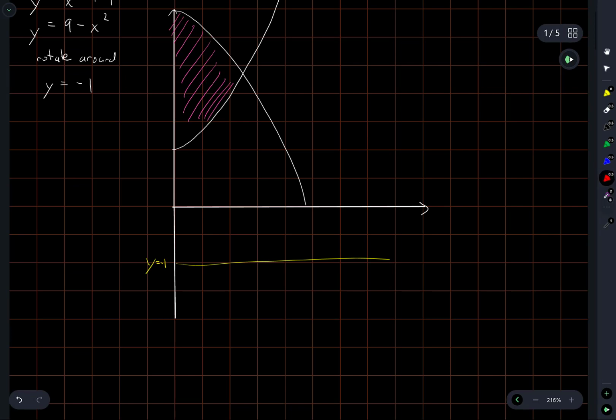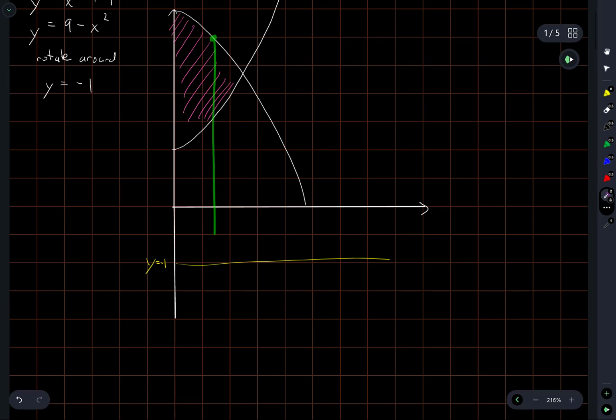To compute the area of one of these little rings, this is the radius of the inner area. It's the distance from the axis of rotation to the bottom curve. And then this is the outer radius.